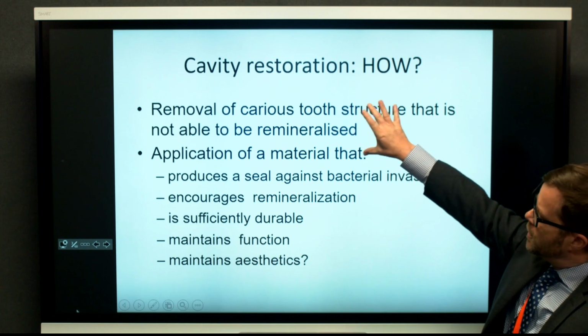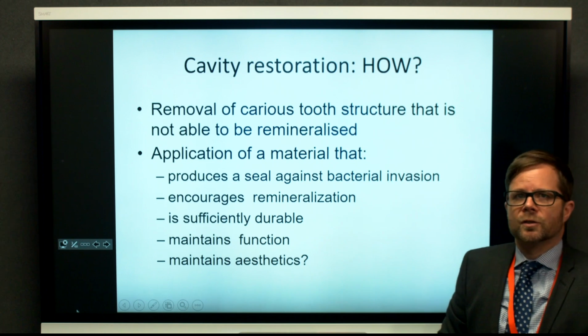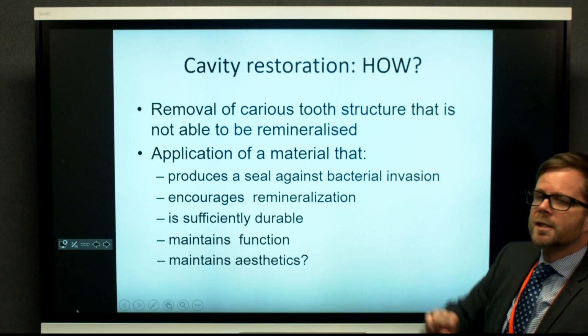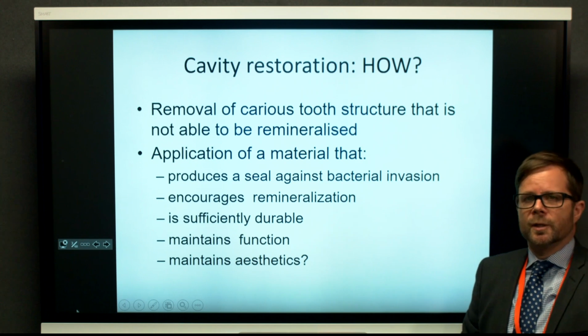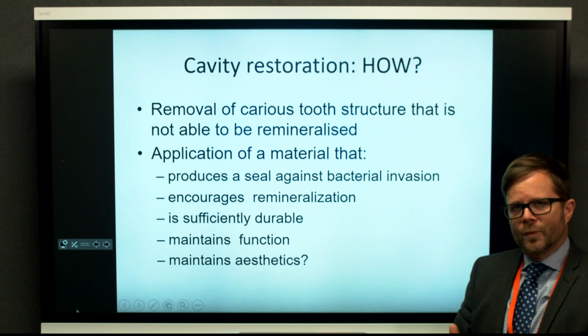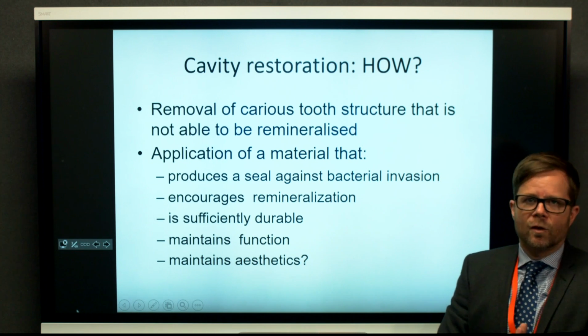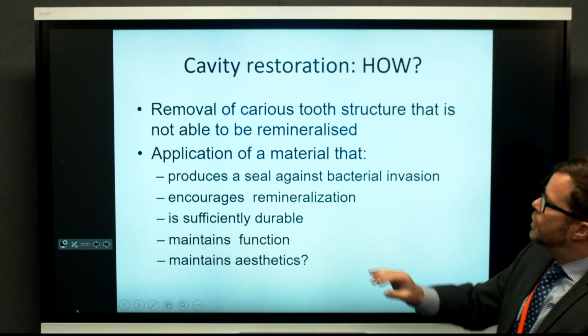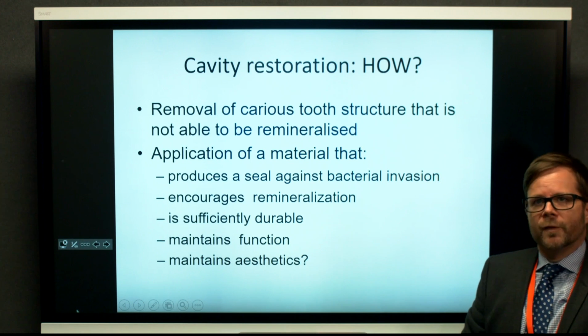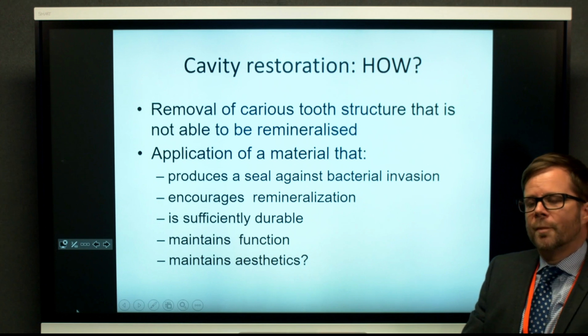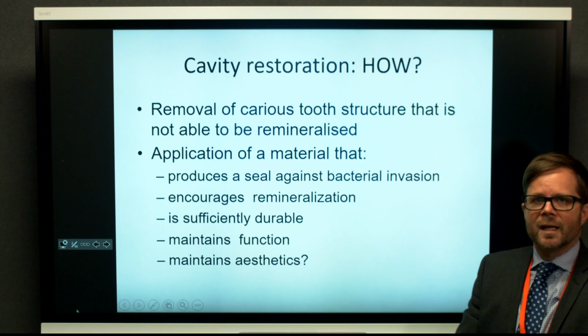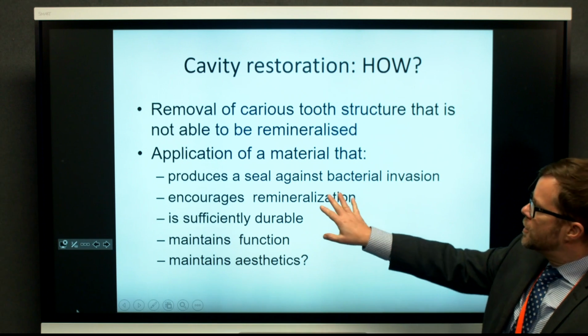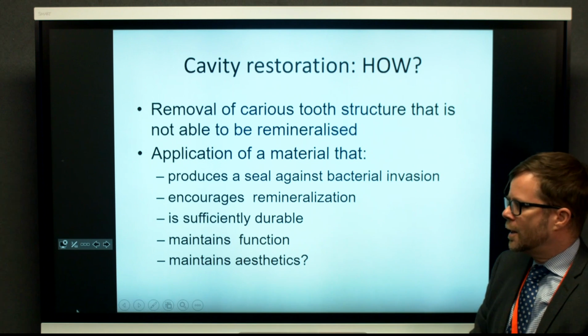The second stage, once we've prepared the tooth, is to place a material that replaces the lost tooth structure, produces a seal against bacterial invasion, because of course we don't want the plaque biofilm to be able to get back into that site, encourages, as we've mentioned before, remineralization.